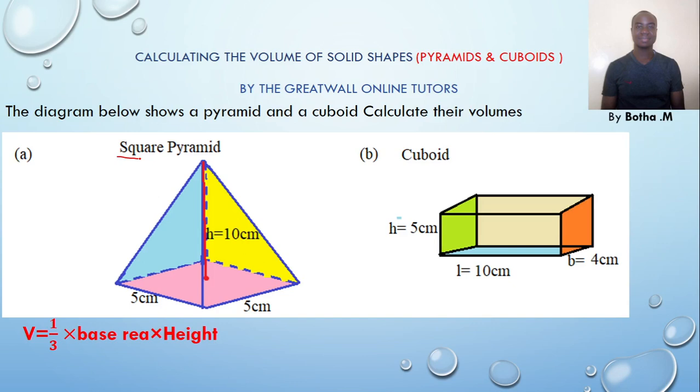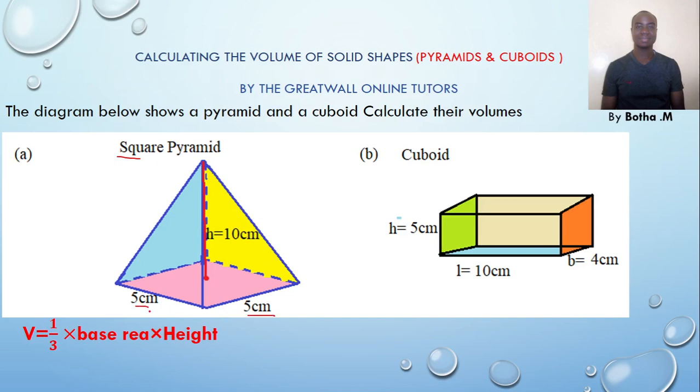Now, something noteworthy is that in the previous question, our base area was circular for the cone we had. In this case, our base area is a square, right? As you can see, all the sides are equal.